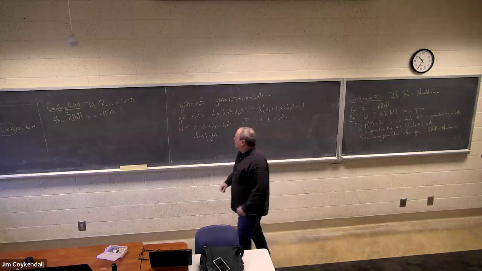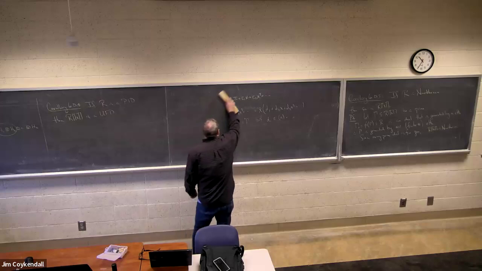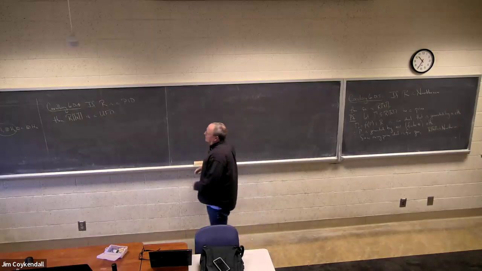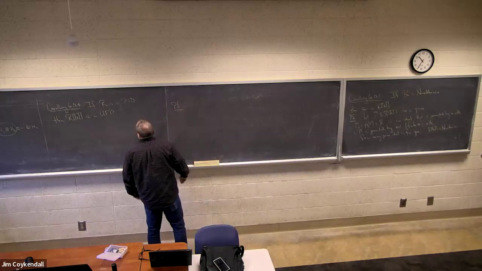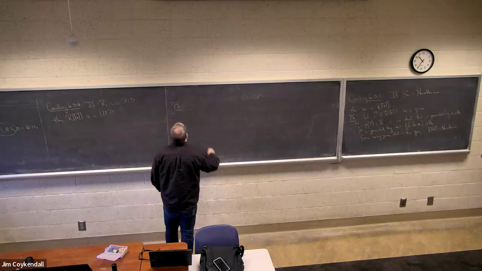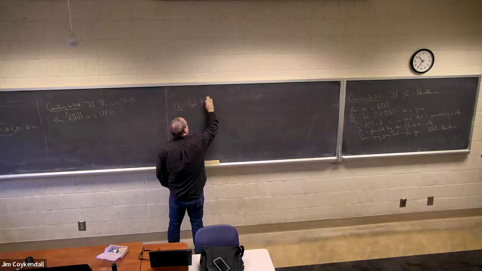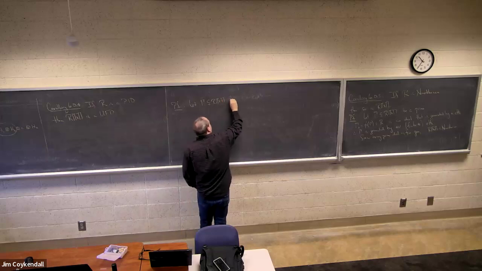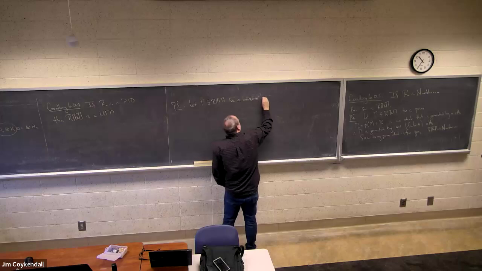Let's go through this actually. We use that every non-zero prime ideal contains a prime element. That's exactly what we want to do. Proof. Let gamma be a non-zero prime ideal.